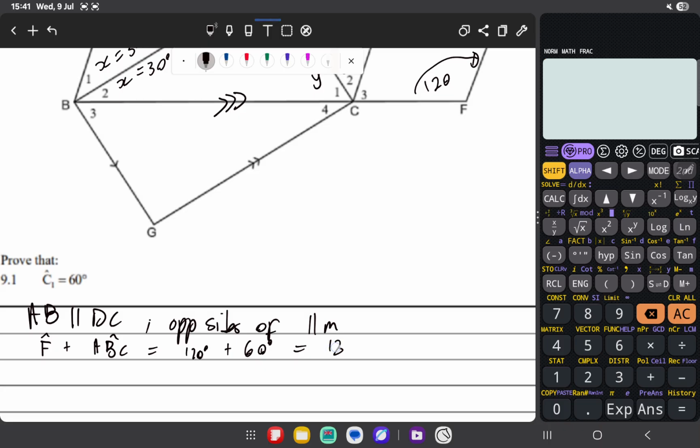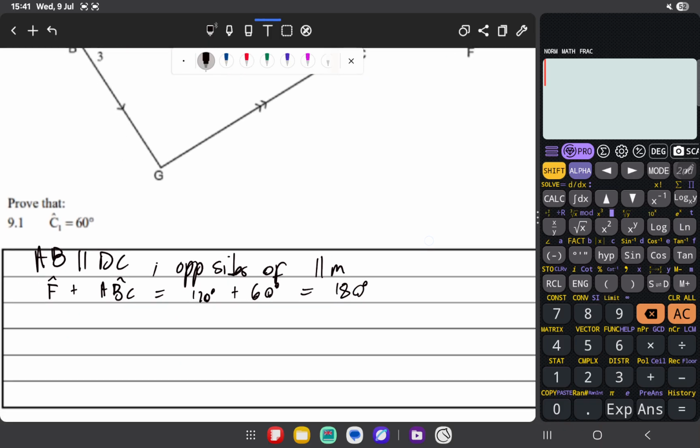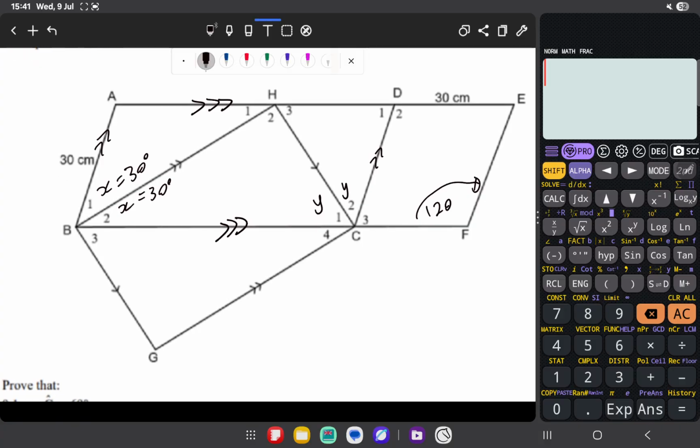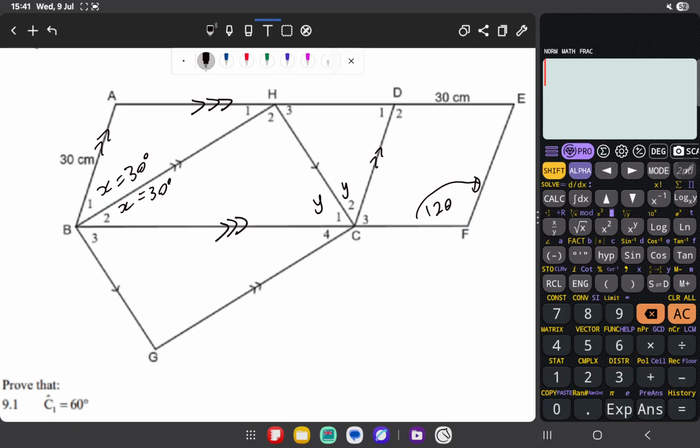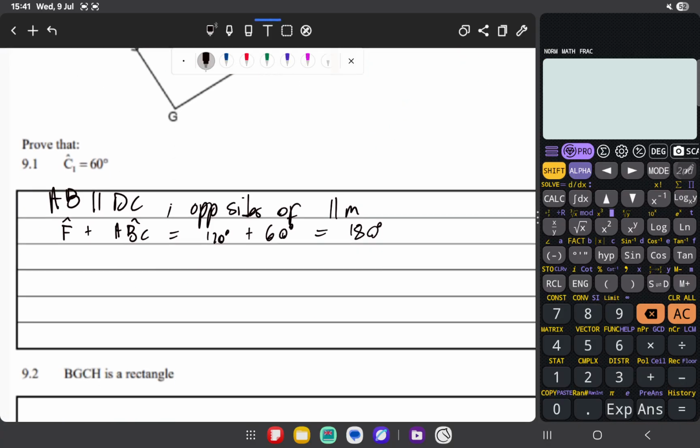You get an answer of 180 degrees. So angle F plus angle ABC gives us 180 degrees.